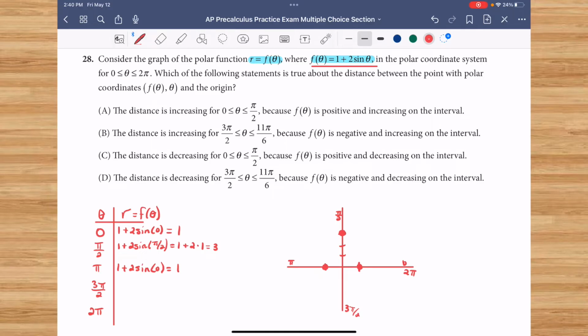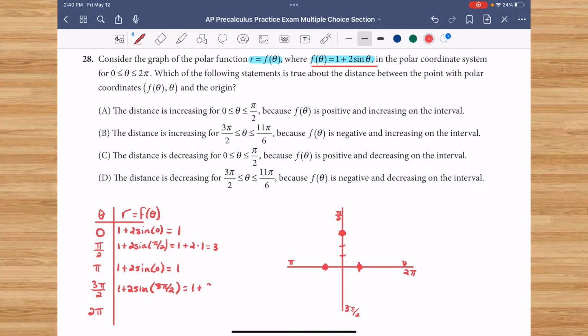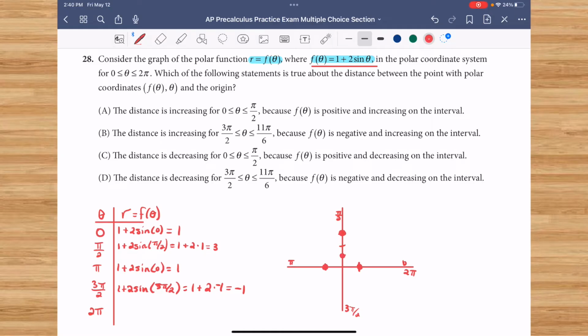At 3 pi over 2, I have 1 plus 2 sine of 3 pi over 2. Sine of 3 pi over 2 is negative 1, so this is 1 plus 2 times negative 1. 2 times negative 1 is negative 2, plus 1 is going to give me negative 1. So actually at the angle 3 pi over 2, I have a negative radius.